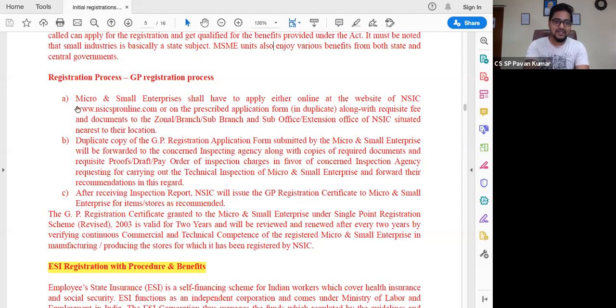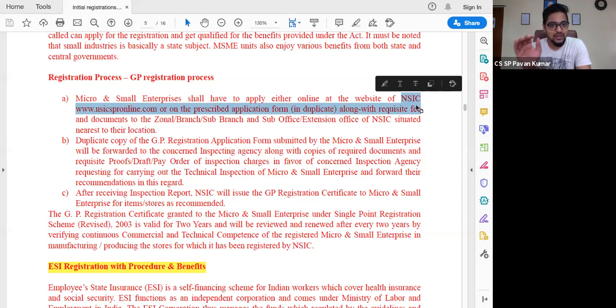Okay. So micro, small and medium enterprises have to apply online at the website of NSIC, the National Small Scale Industries Corporation.